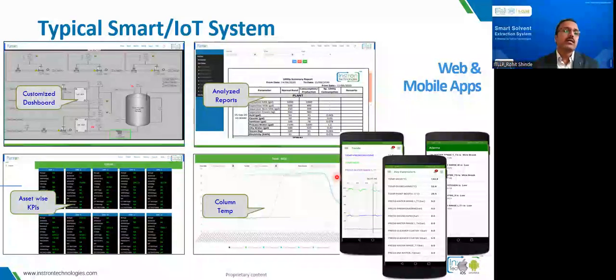Another feature is monitoring, because this is not a 1 or 2 hour batch. Generally, these extraction batches vary from 24 hours to maybe 15 days to 3 weeks in some cases. So you need to monitor critical parameters, maybe temperature, pressure, density or viscosity. There are various parameters, and the managerial level can have access to all of them on the mobile.